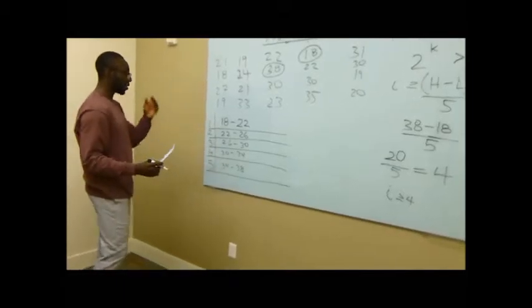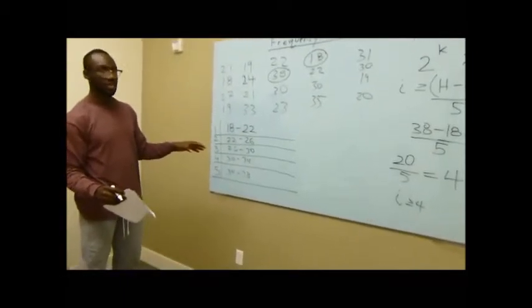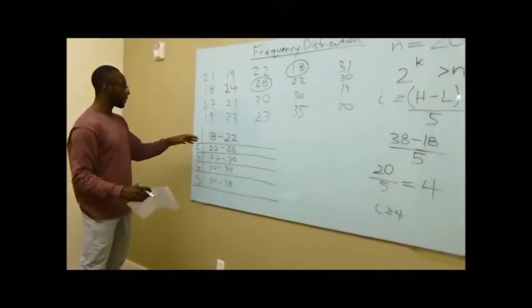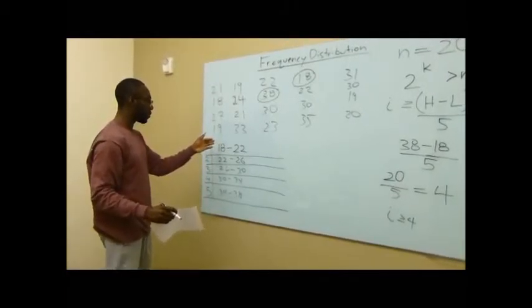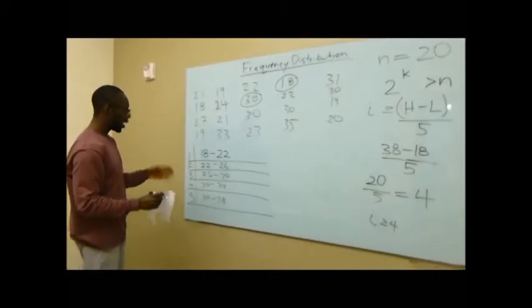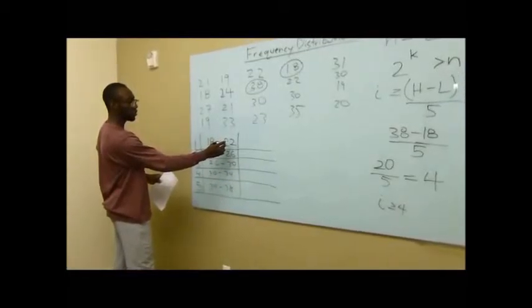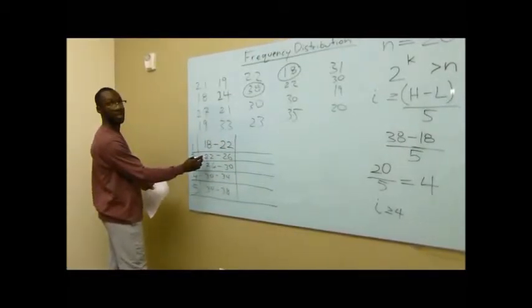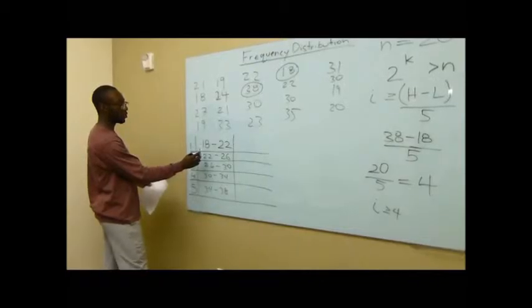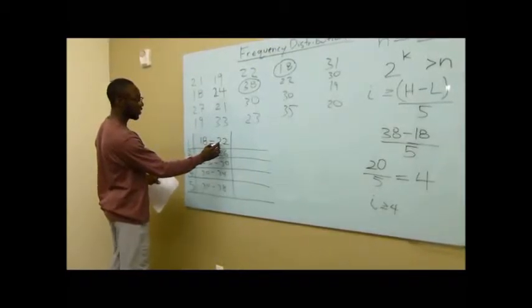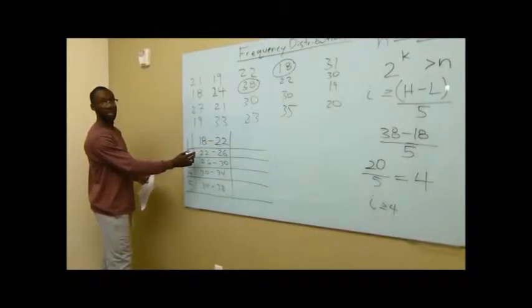The interesting thing about this is that it's continuous. It does not stop from 18 to 38. However, for this set of intervals, we are either going to include 22 here and then exclude it here, or we are going to exclude 22 here and include 22 here.